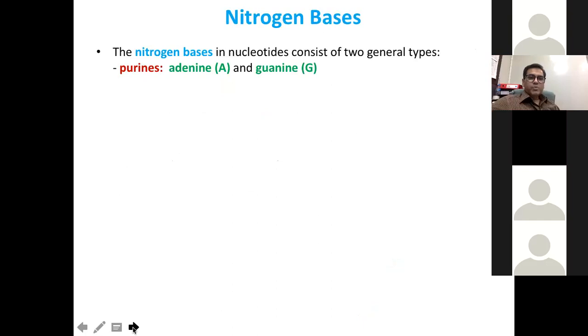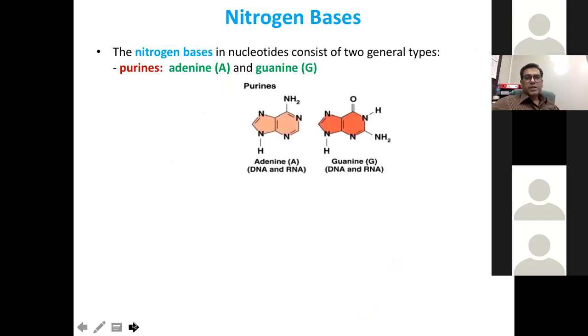The purine type of nitrogenous bases are adenine and guanine. So adenine and guanine are the purine bases, which have two ring structures connected together. Okay, and these purine bases, adenine and guanine, are found throughout DNA and RNA molecules.